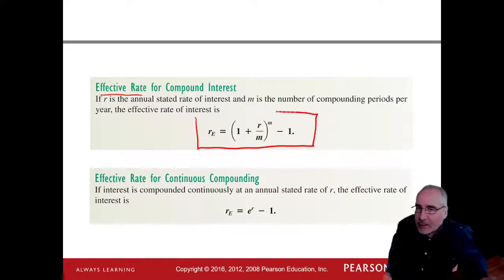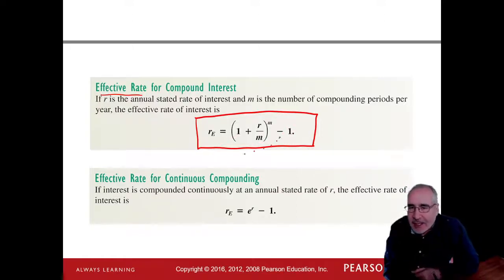There's a few problems that will ask you for that effective rate. You're going to want to use this formula. It's really just calculating the growth of $1, and that's why you're subtracting 1 off at the end, because the additional above 1 is what the actual yield is. So a 5% compounded monthly actually has a yield a little bit more than 5%.